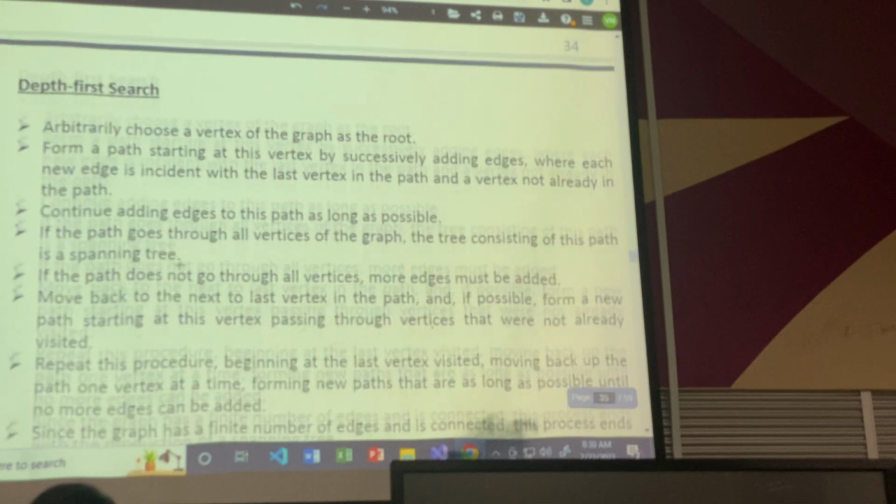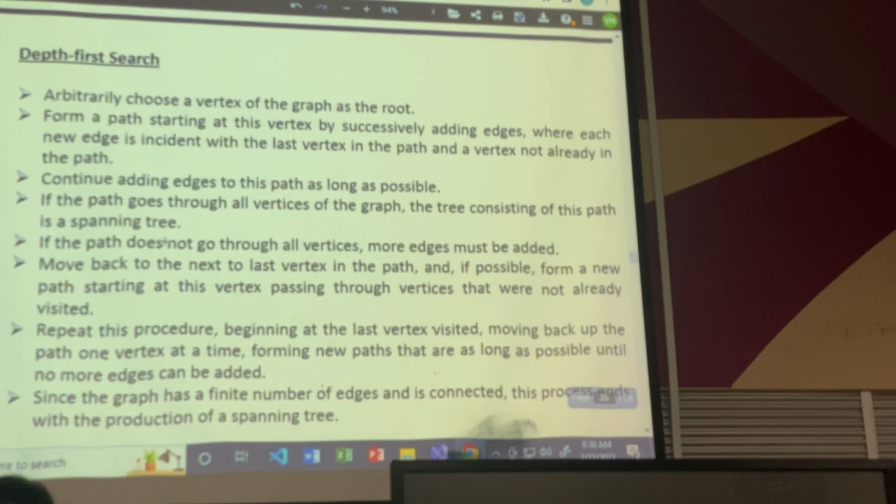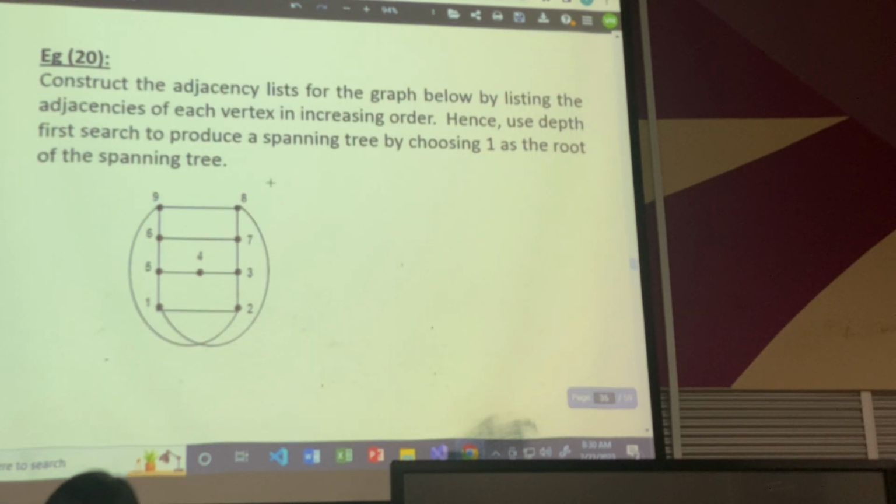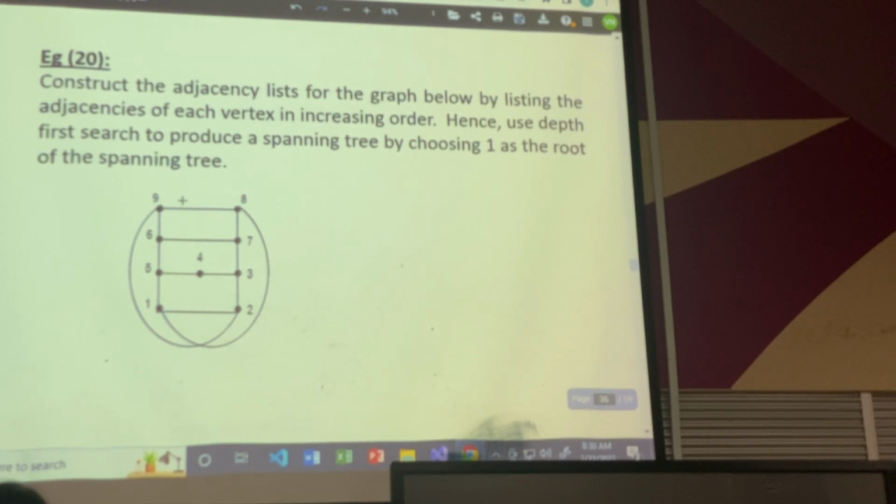Now we look at depth first search first. These are the steps that we will follow to find the spanning tree using this search. Okay, depth first search. I will explain these steps using the example below. Let's say you have a graph given like this. This is an undirected graph.